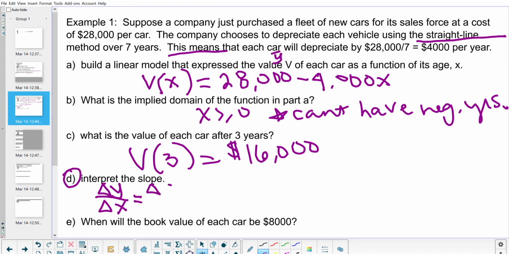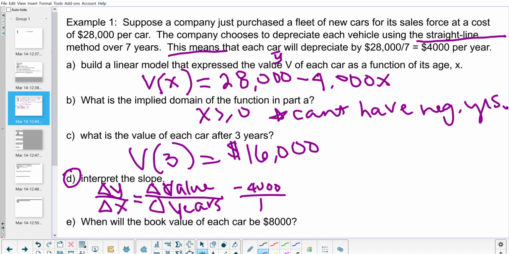So change in value over change in, what's the x in this case? So specific to this problem, x is age in years. Okay, so basically the slope is how much the value changes per year. Well, the slope in this case is negative 4,000 over 1.